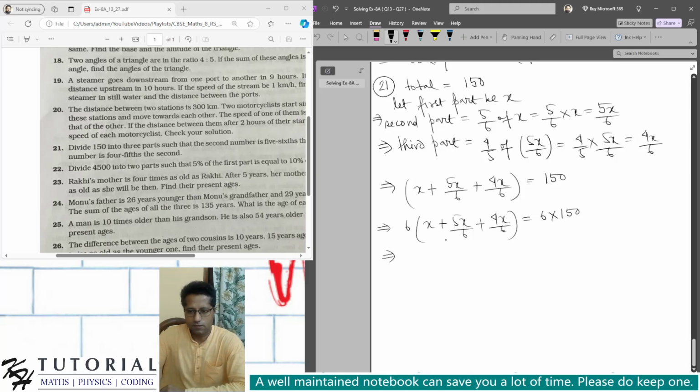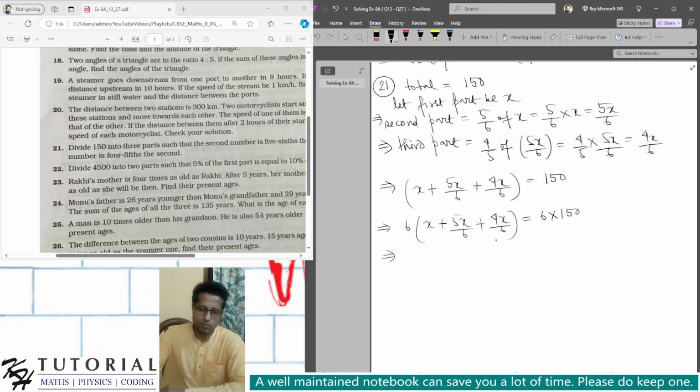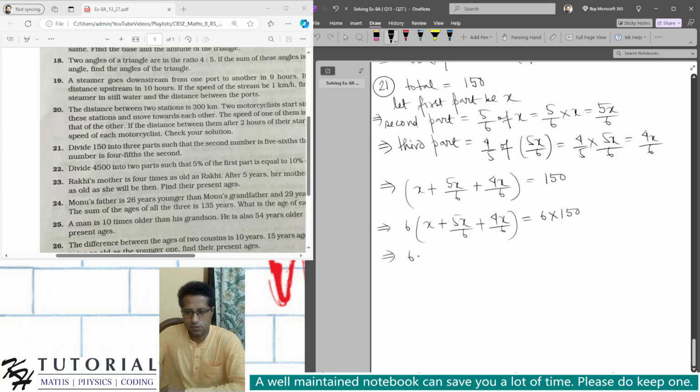So if I do the product on the LHS and open the brackets, I get 6x plus 5x plus 4x is equal to 900.